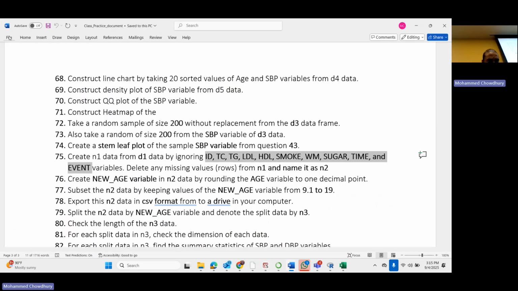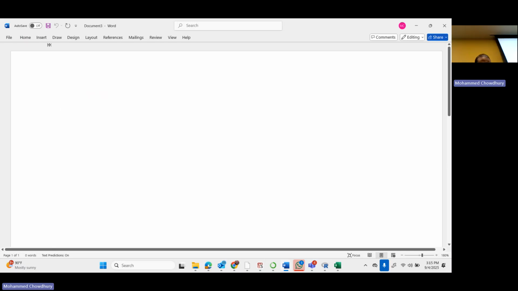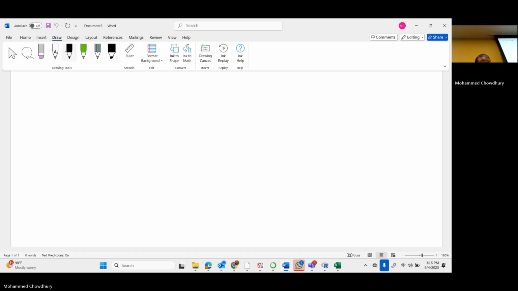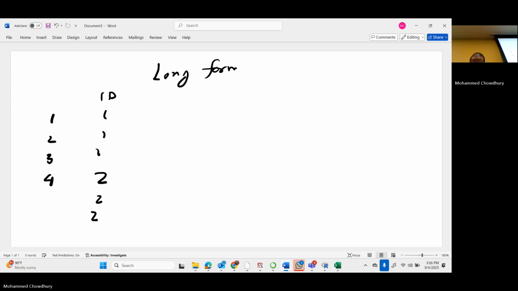Longitudinal data means there is a person i, this is the first, second, third, fourth, but the ID is the same. Suppose 1, 1, 1, and then 2, 2, 2, right? So now this is known as the long format data.